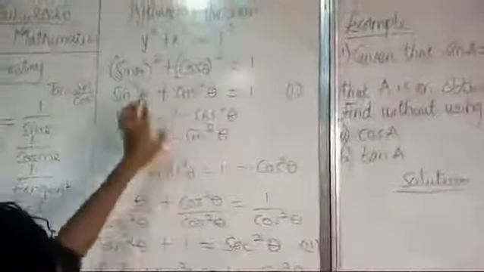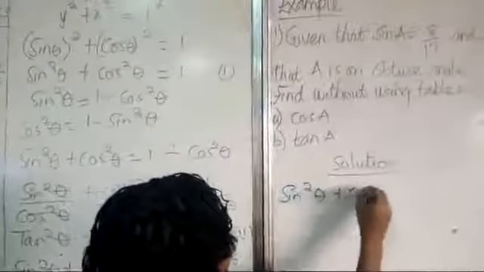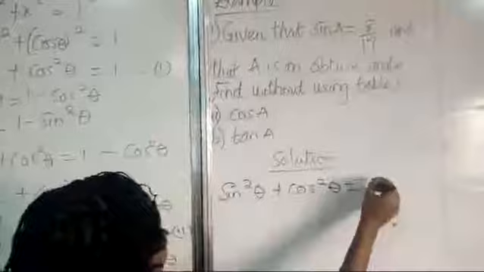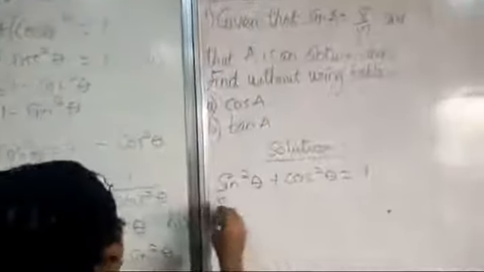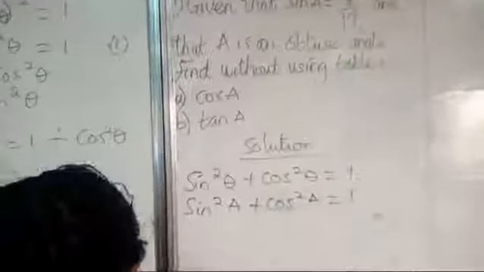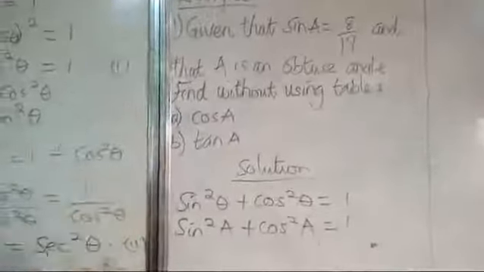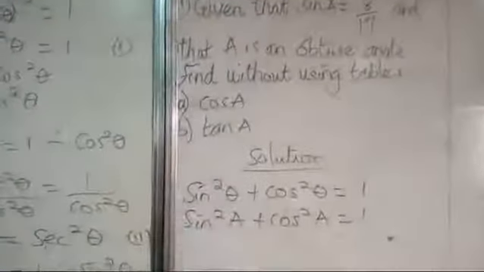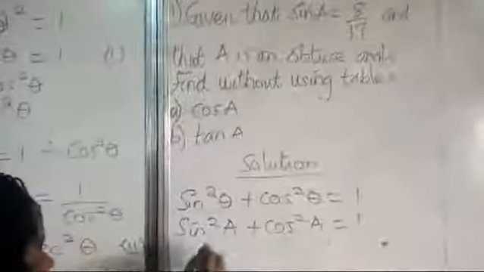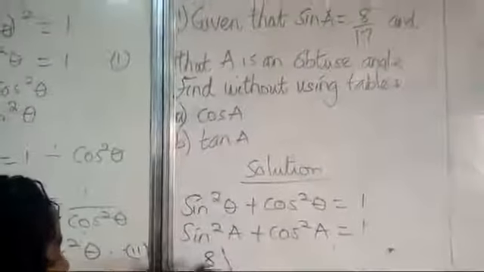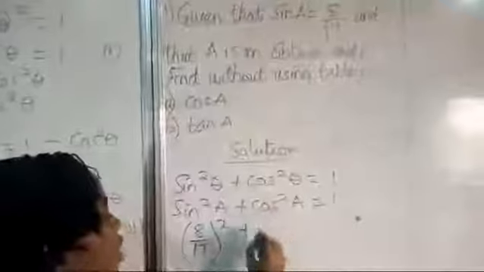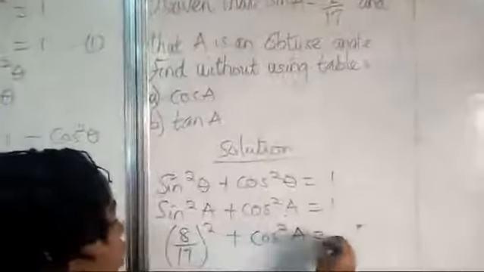But in this question, the angle is A. So you just replace and change it to sine squared A plus cos squared A equals 1. And then we have sine A to be 8 over 17. Sine squared A will just be the square of that. So that will be 8 over 17 all squared, plus cos squared A, which we don't know, equals 1.